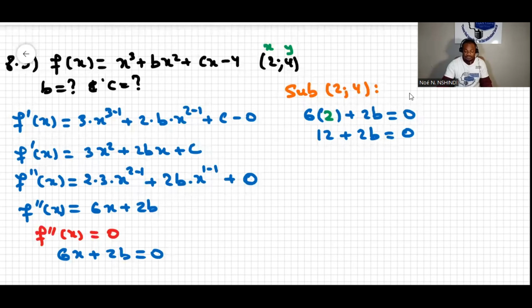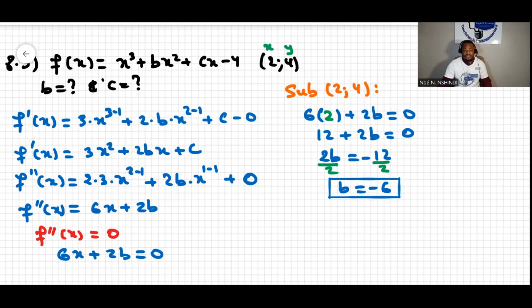Now, if I move the 12 over, that makes 2b equal to negative 12, and then we can solve for b if I divide both sides by 2. We get b equal to negative 6. So we got b.